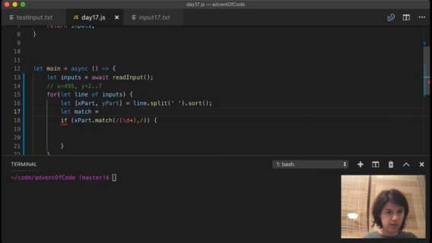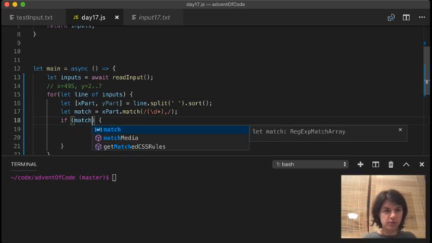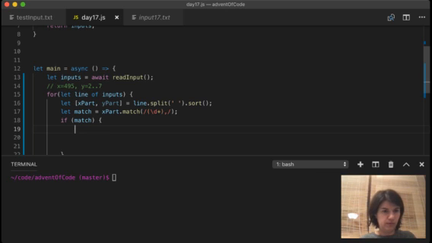Let match is equal to this. And then if we have a match, then let x is equal to that number.